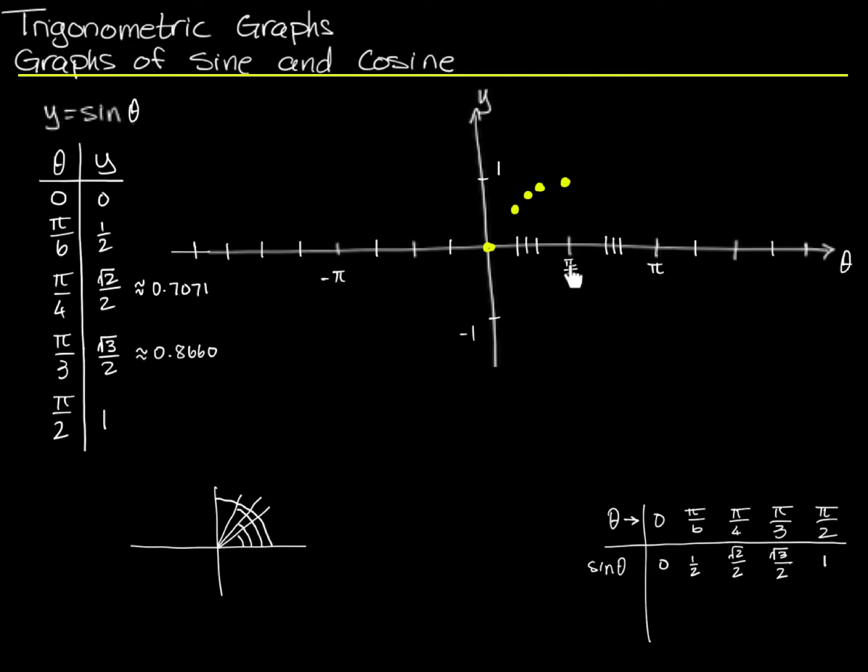Halfway between 0 and this one is pi over 4, so that one's pi over 4. This one's pi over 6, and this one's pi over 3. So between half of a pi and a whole pi is 3/4 of a pi, so that's 3 pi over 4 right there.